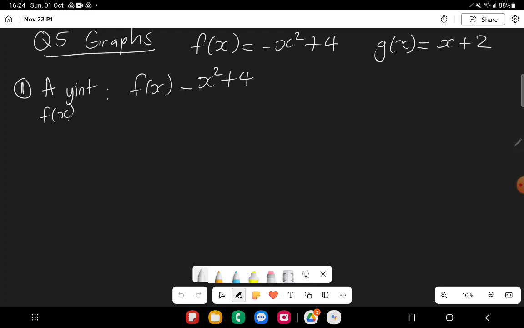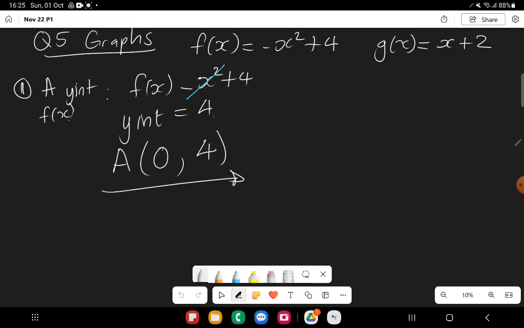At the y-intercept, x is 0, which means that this falls away. So the y-intercept is going to be at 4. The coordinates for A are x is 0, because at the y-intercept x is 0, and y is 4. That's the answer for question 1.